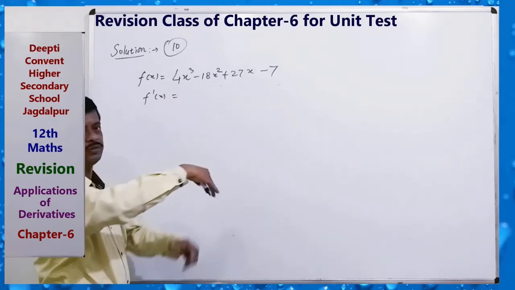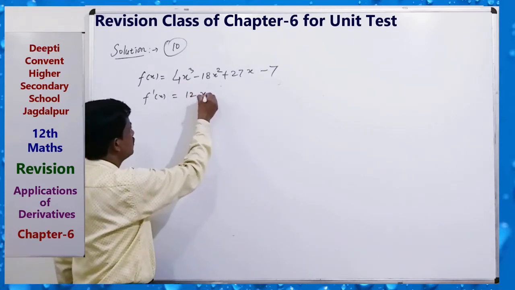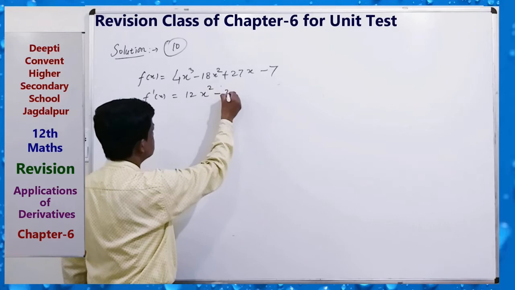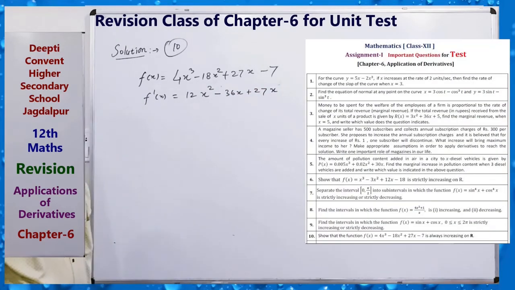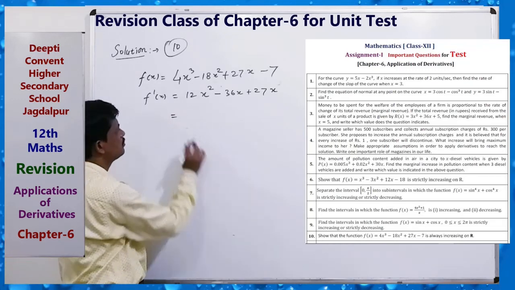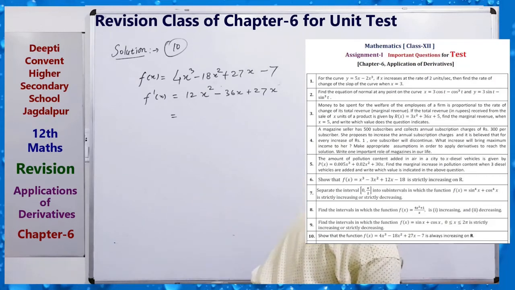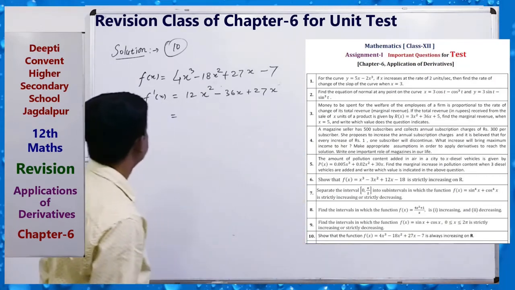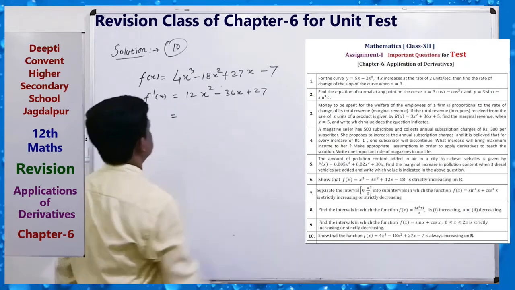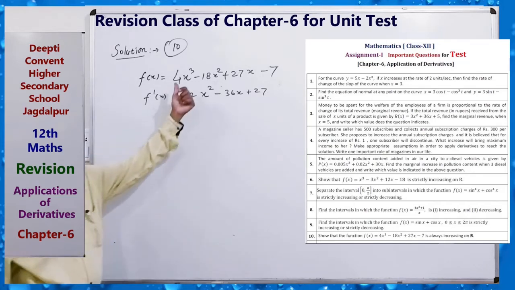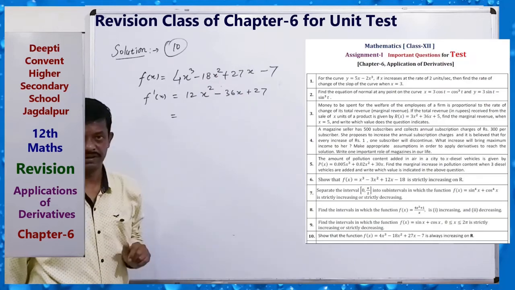It is a polynomial function, so the domain is the whole real line. Find its derivative by differentiating: 12x square minus 36x plus 27. Clear?